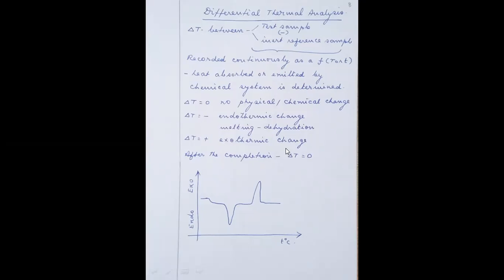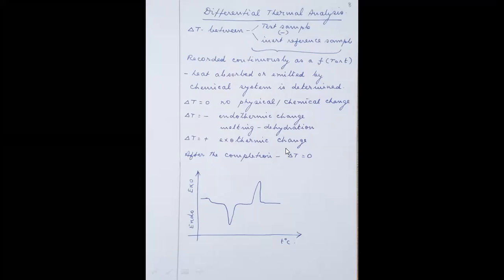If heat is absorbed for a particular process, then automatically the test sample temperature will be lower than the reference sample. So for endothermic change, it is negative. Why is it negative? Because the test sample temperature is lower than the inert reference sample temperature, because some amount of heat energy is used for the physical and the chemical change.